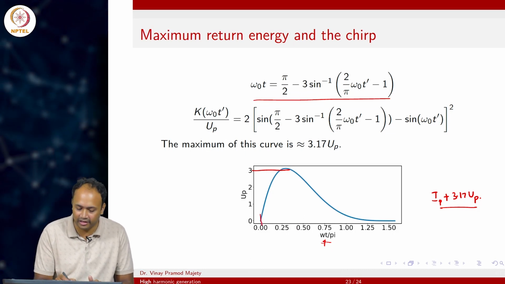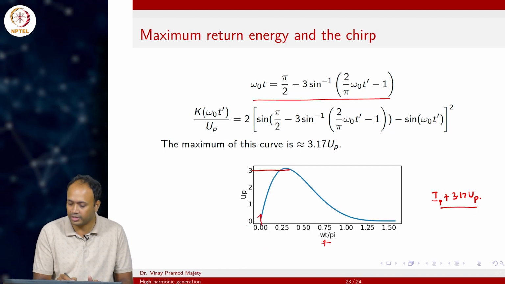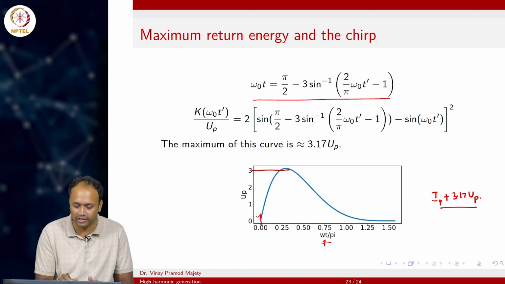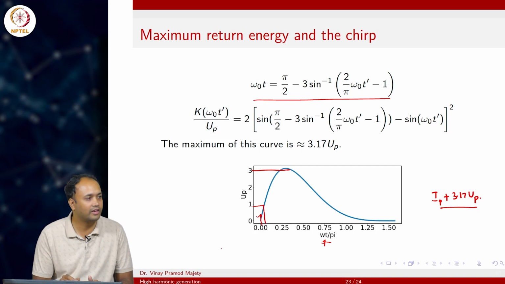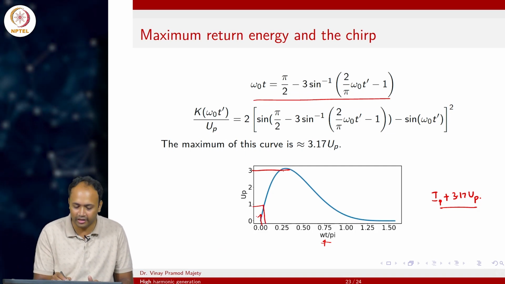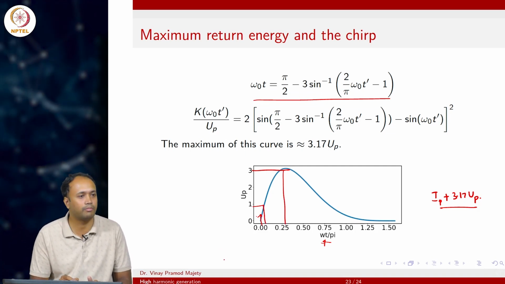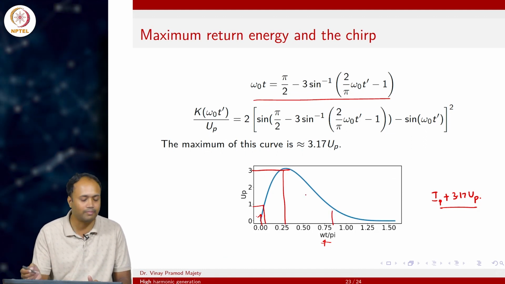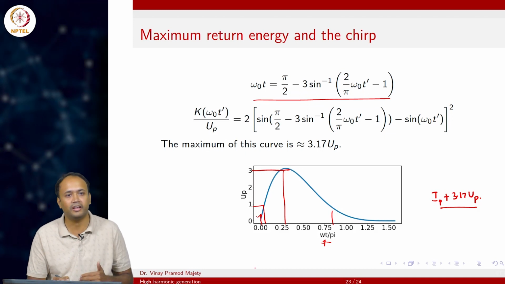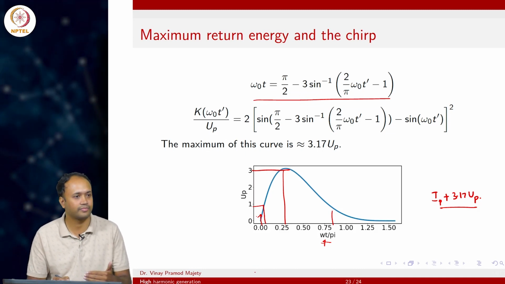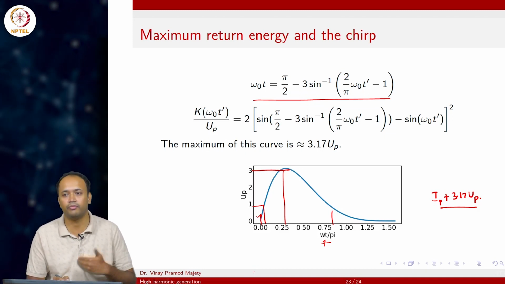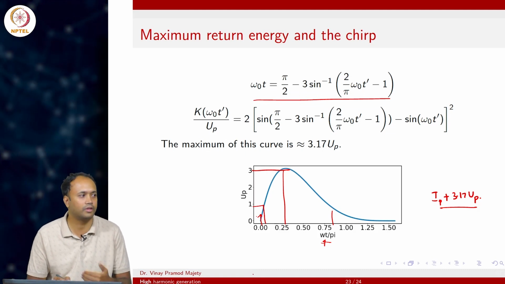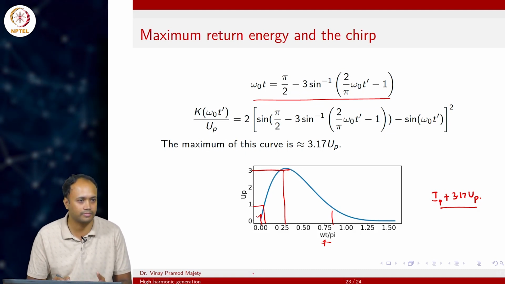Let's say at this particular time, the energy associated with the photon is ionization potential plus 1 Up. At this particular time, it is ionization potential plus 3 Up. At this point, it is ionization potential plus some 0.7 Up. So depending on the time of ionization, I will have a different frequency being emitted. Therefore, the pulse is inherently chirped.